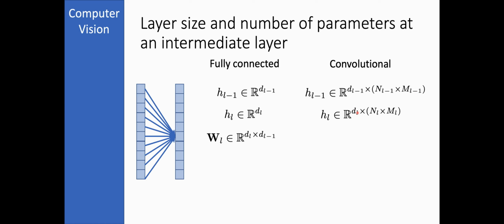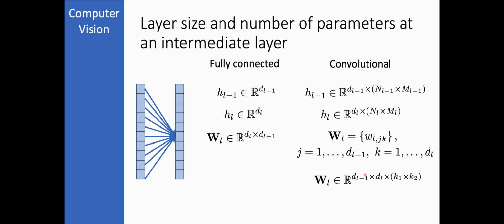Now the dimension is D sub L times N sub L times M sub L. Now each of these channels is connected to each of these channels with a different convolution kernel. So my weight set is composed of these different kernels, and each channel is connected to the next layer's channels, each with a different kernel. Therefore, I have D sub L-1 channels in the first layer, D sub L in the second layer. So in total, I have D sub L-1 times D sub L convolution kernels.